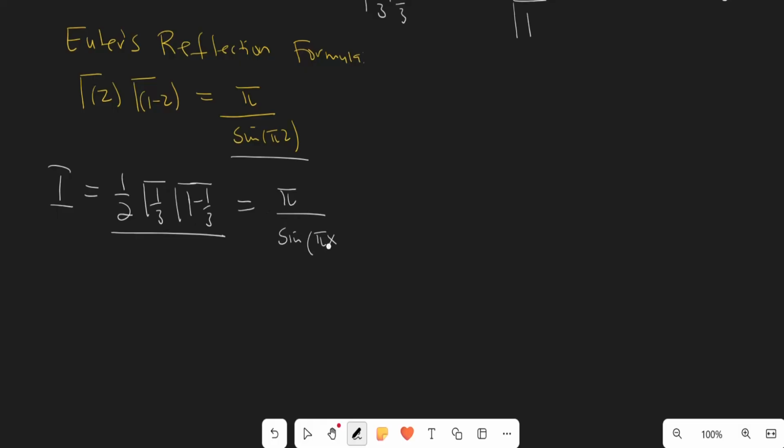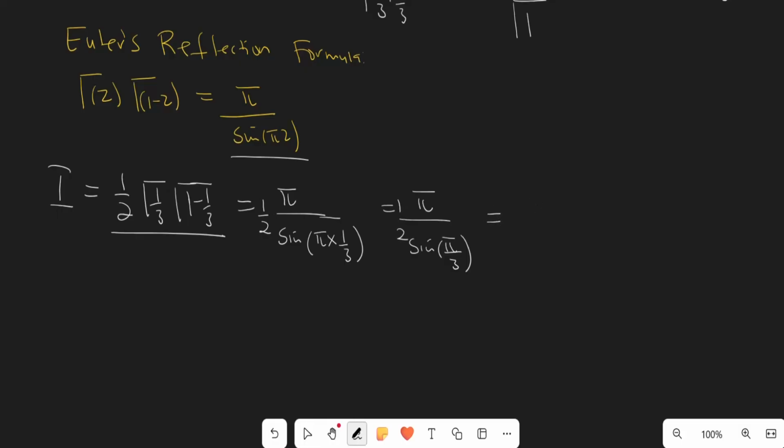So pi times z here is pi over 3, and that is equal to pi over sine of pi over 3. I'm forgetting something. There's 1/2 here, and there is 1/2 here.